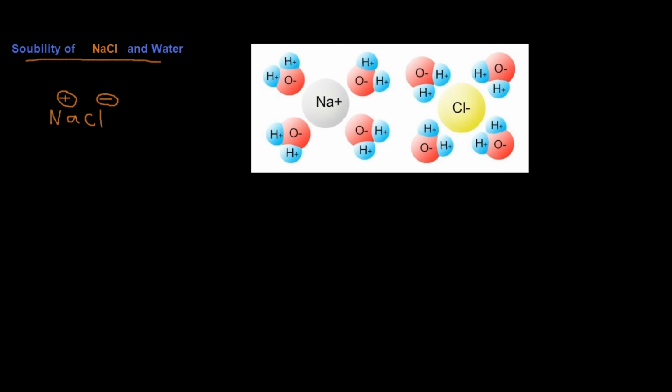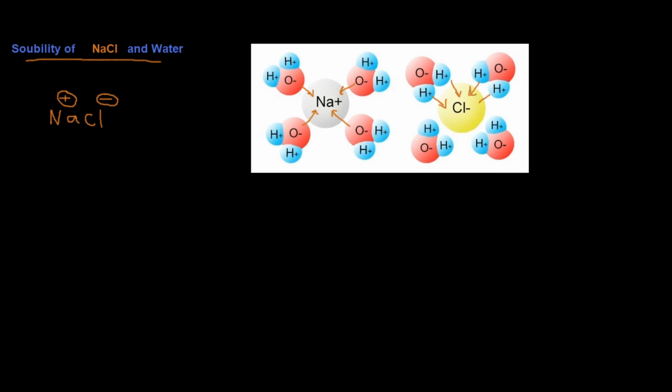So in this case, as you can see, sodium has a positive charge. Being a positively charged ion, it is surrounded by negatively charged oxygen atoms from every side. Similarly, the chloride ion is surrounded by partially positively charged hydrogen atoms from every side.